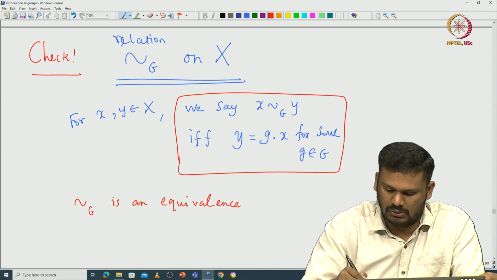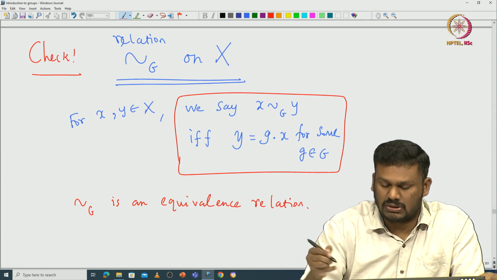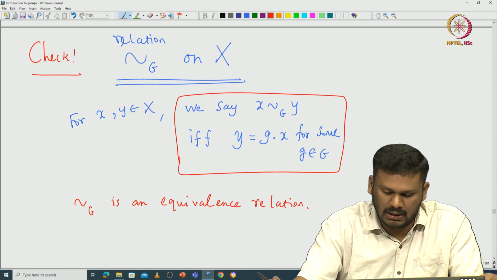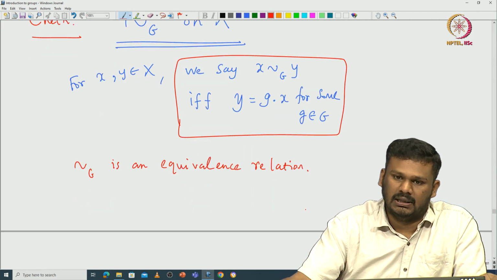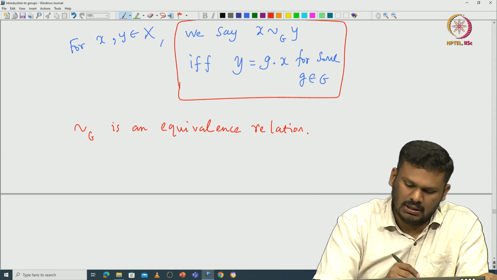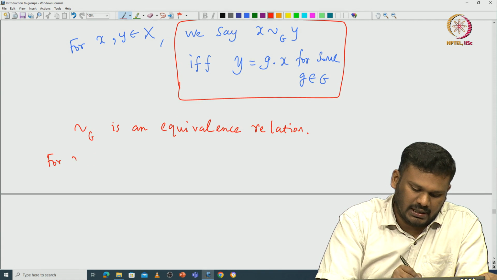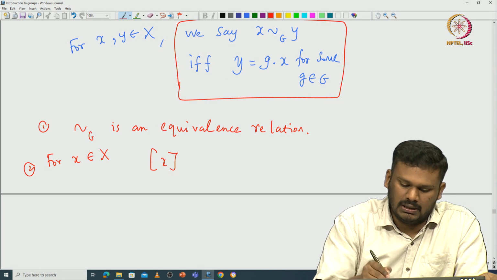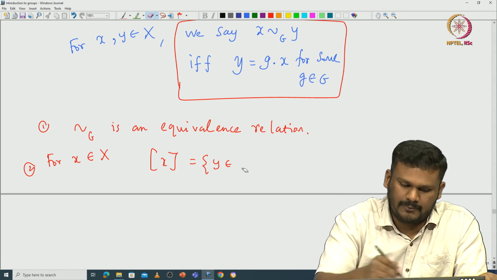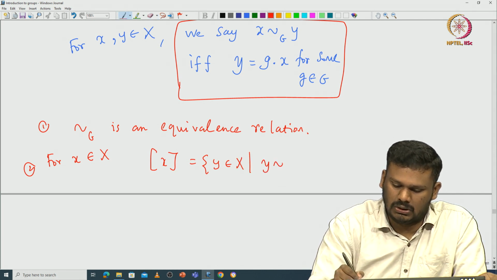That is not very hard to see. You need to check it is reflexive, symmetric and transitive. Using the group property you can verify this; it is very similar to what we did with left multiplication of the group on itself, so I do not want to check it again. Now, what is important, for x in capital X, look at the equivalence class, that is, those y in capital X such that y is related to this x under this relation.